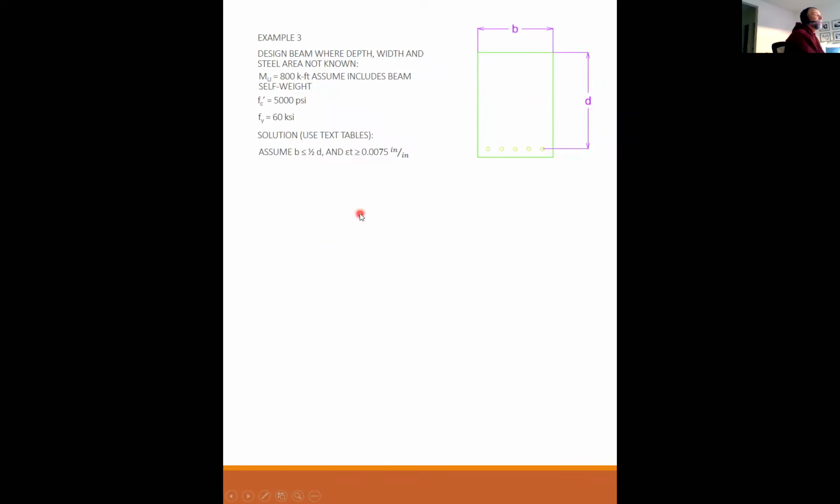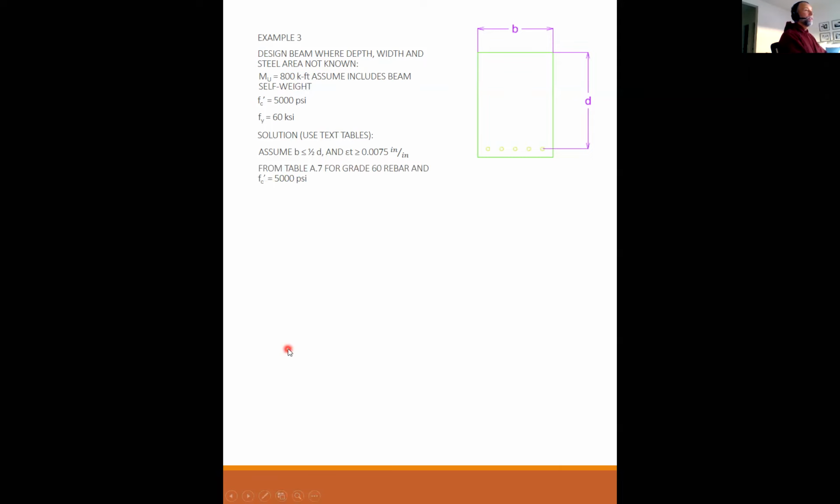So we need something to guide the solution. In this case, we're going to ask that b is equal to or less than half of d. That's the rough proportions that we want. And we want epsilon sub t to be greater than or equal to 0.0075. Those are our targets.